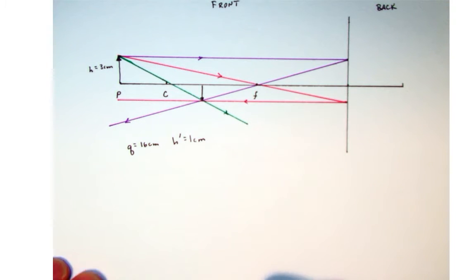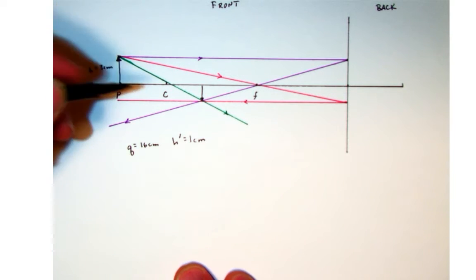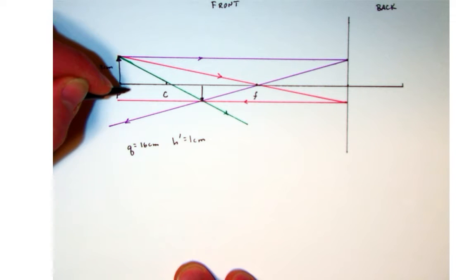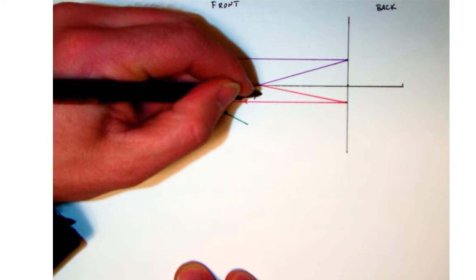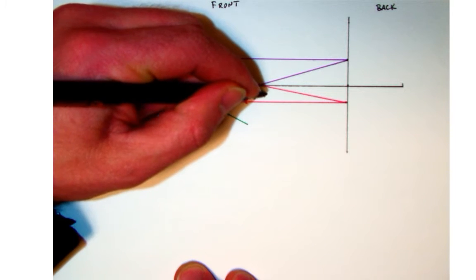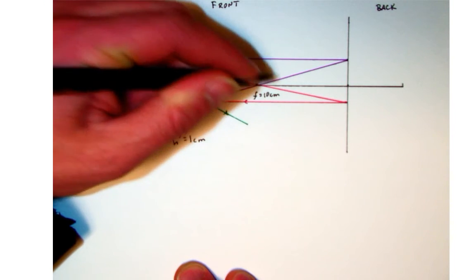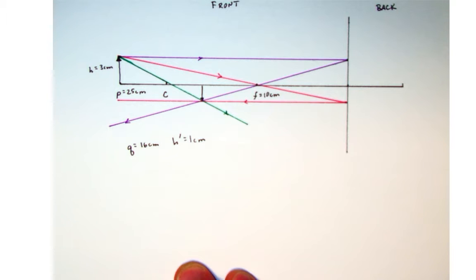So the next thing I want to do is calculate what those values would be just based on the numbers we have. Now again, remember the object distance was 25 centimeters and the focal length was 10 centimeters. And we can use the mirror equation now to solve for what Q should be.